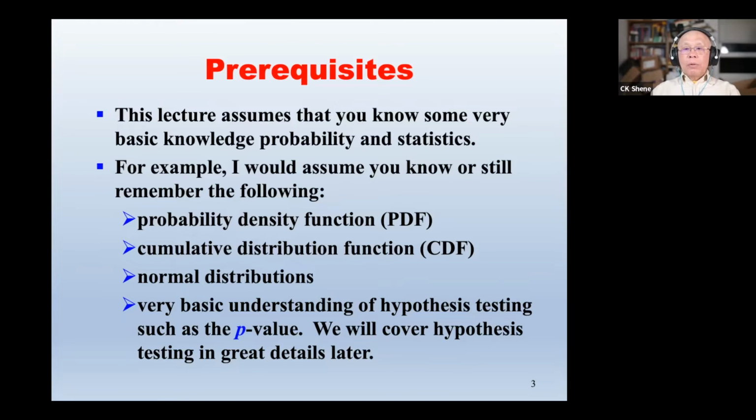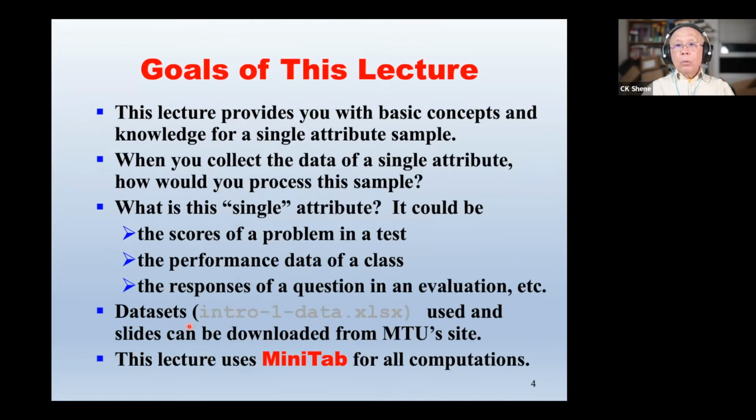We will cover hypothesis testing in great detail in later lectures. The goal of this lecture is to provide you with some basic concepts and knowledge for a single attribute sample. So after you collect the data of a single attribute sample, how would you process it?